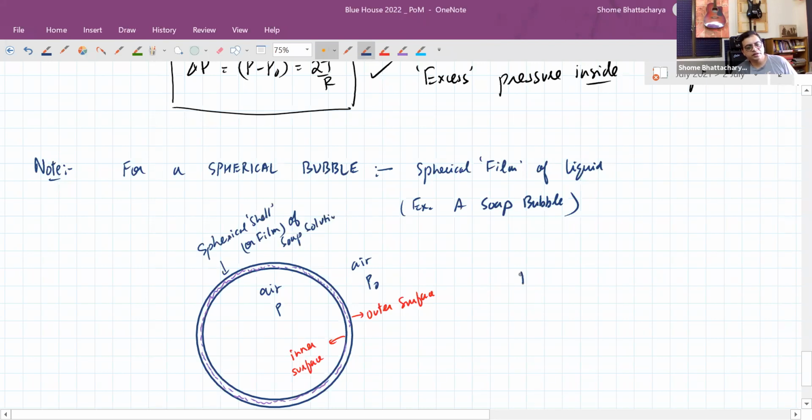So the pressure inside will be equal to the pressure outside plus 2T by R plus 2T by R, because there are two surfaces whose radius is more or less capital R. So this is from the outer surface. It's from the inner surface.